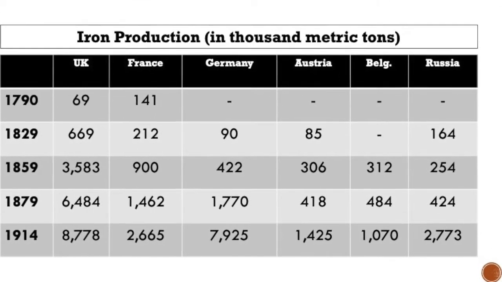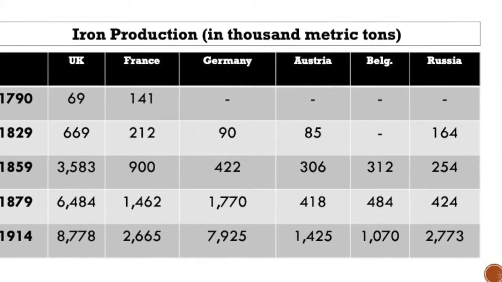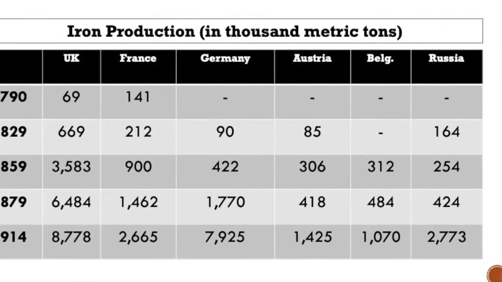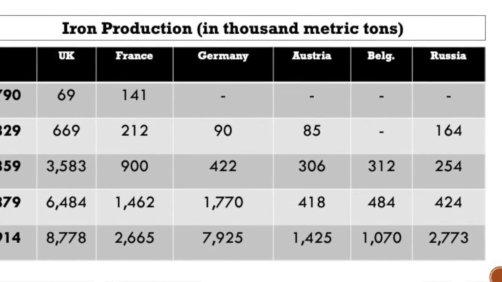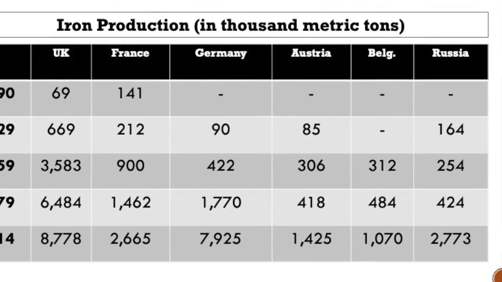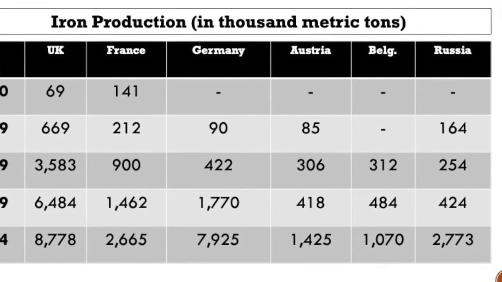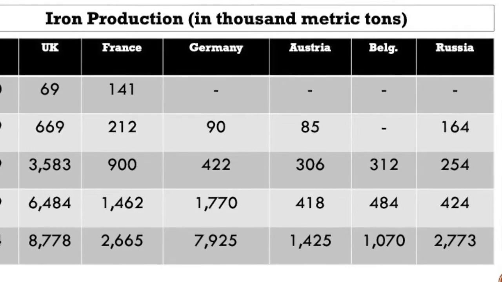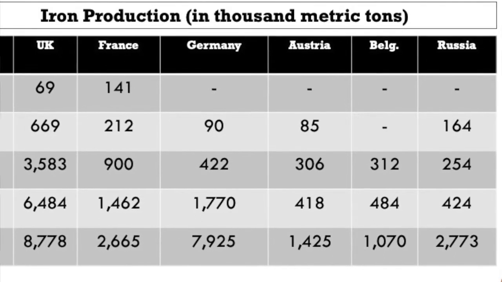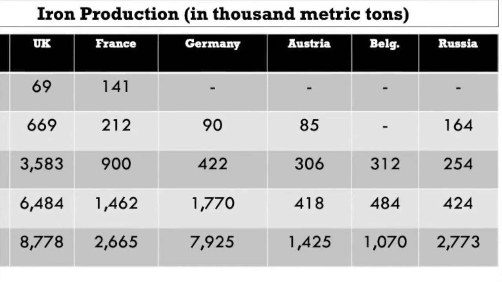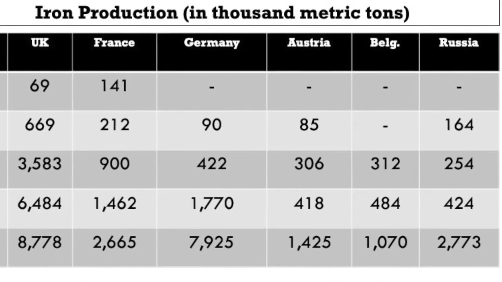And what you see is that the percentage increase of iron production is off the charts. It's a huge increase over this time, and that's because iron production started to get mechanized. It started to be produced in factories, by machines powered by things like burning coal, fossil fuels.